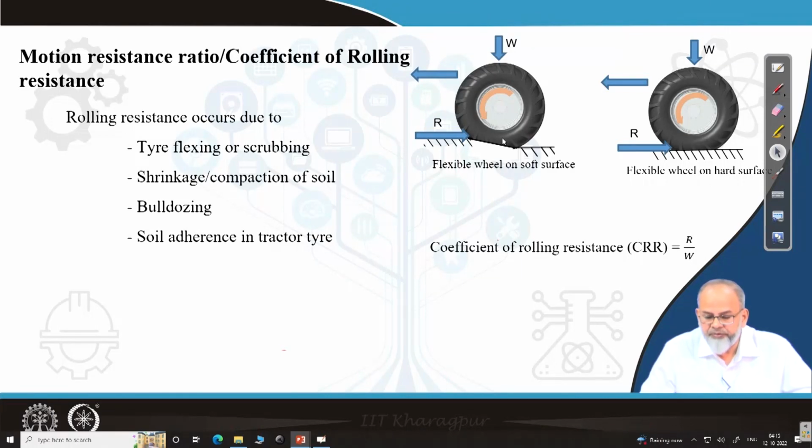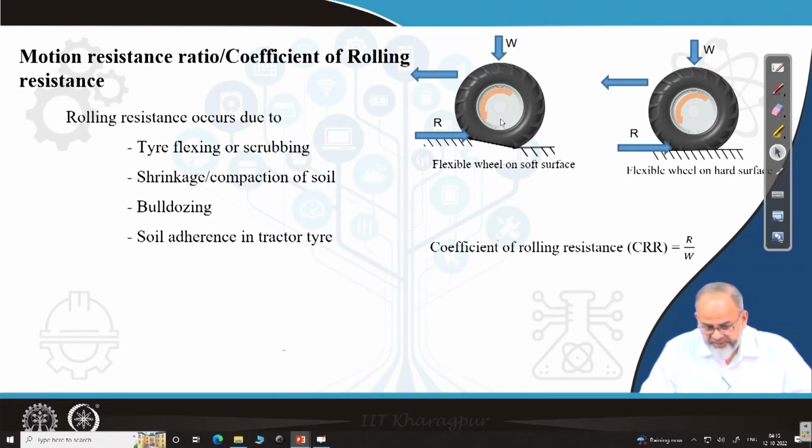What is the difference? In a soft soil, there is deflection as well as the tire has sunk. Whereas in the case of hard soil, the tire is only deflected.